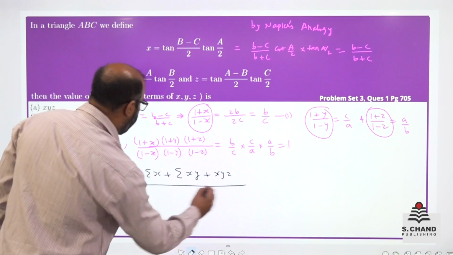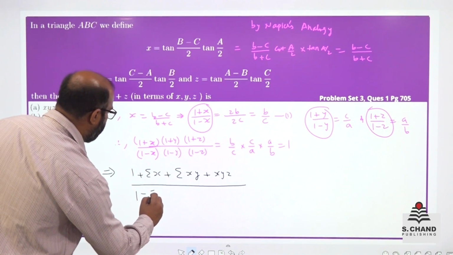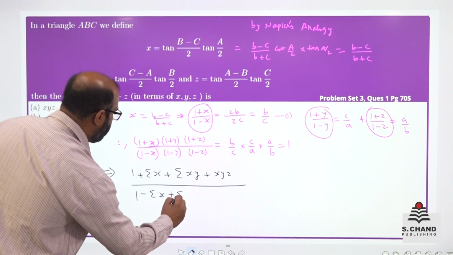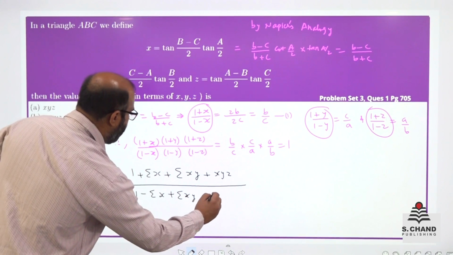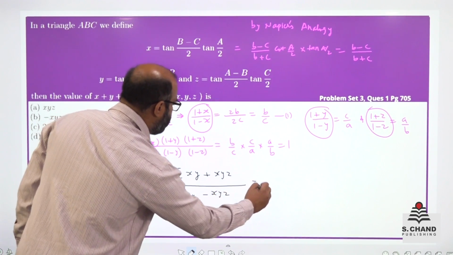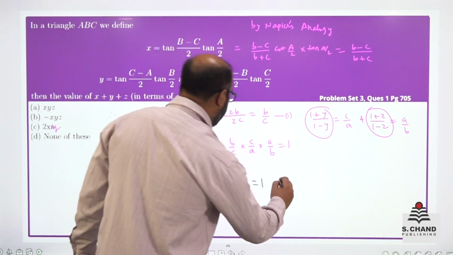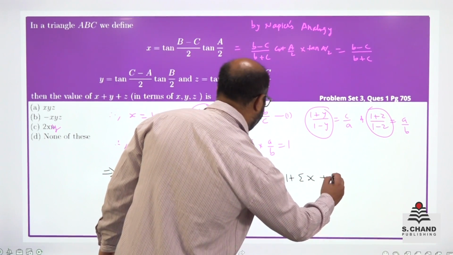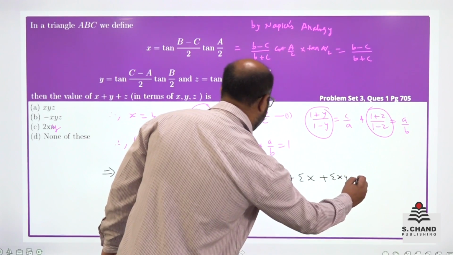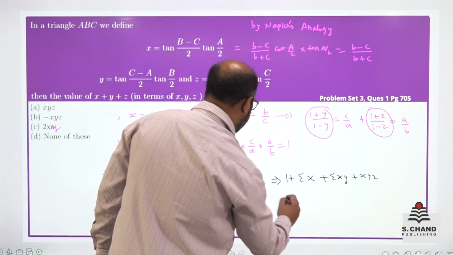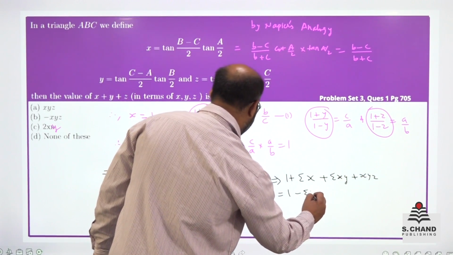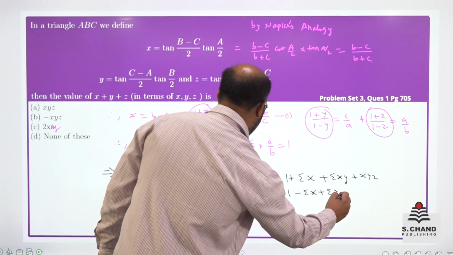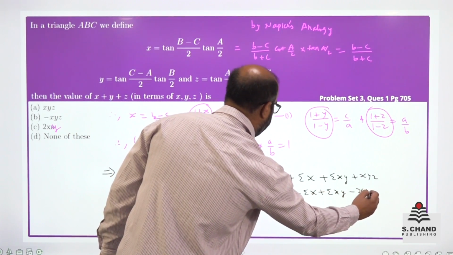Similarly in the denominator, you will get 1 minus sigma x plus sigma xy minus xyz is equal to 1. Now if you cross multiply, 1 plus sigma x plus sigma xy plus xyz is equal to 1 minus sigma x plus sigma xy minus xyz.